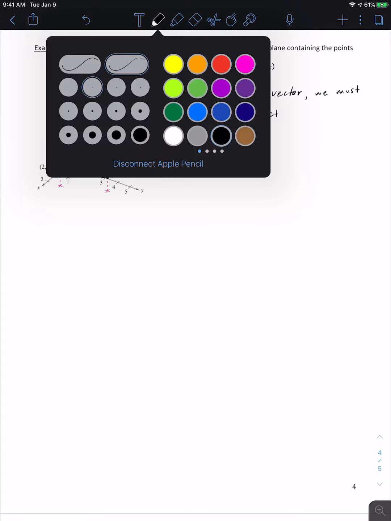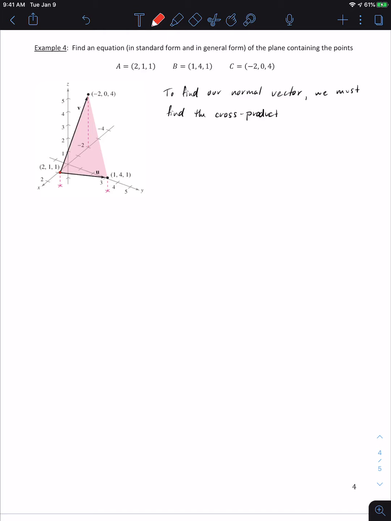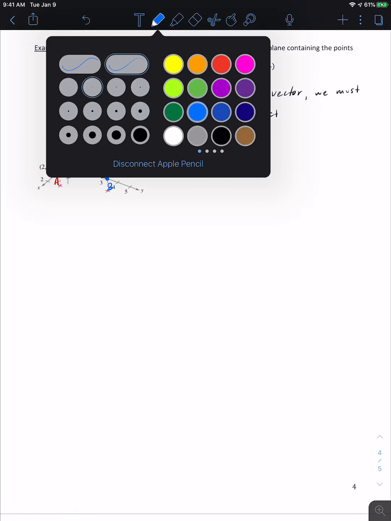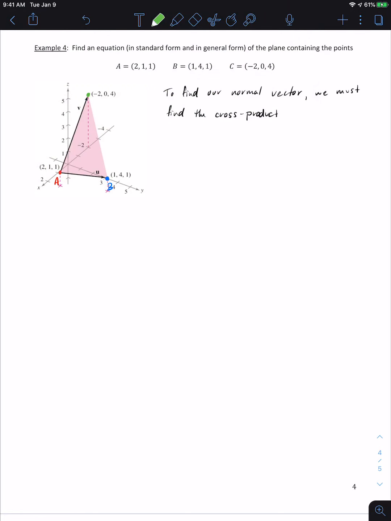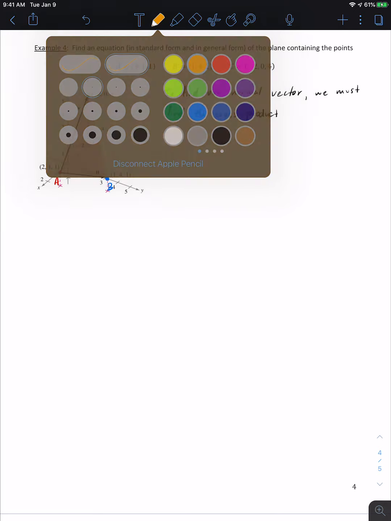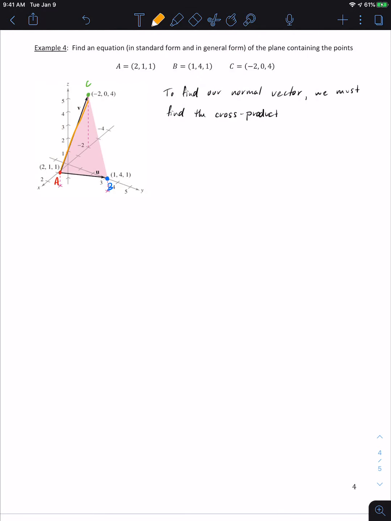In this case, if I look at these points, if this is my 2, 1, 1, we'll call that our A, right? 1, 4, 1 is here. This is our B. And negative 2, 0, 4, that's our C. So in other words, if I take the cross product of this vector with this vector, then that will give me a normal vector.